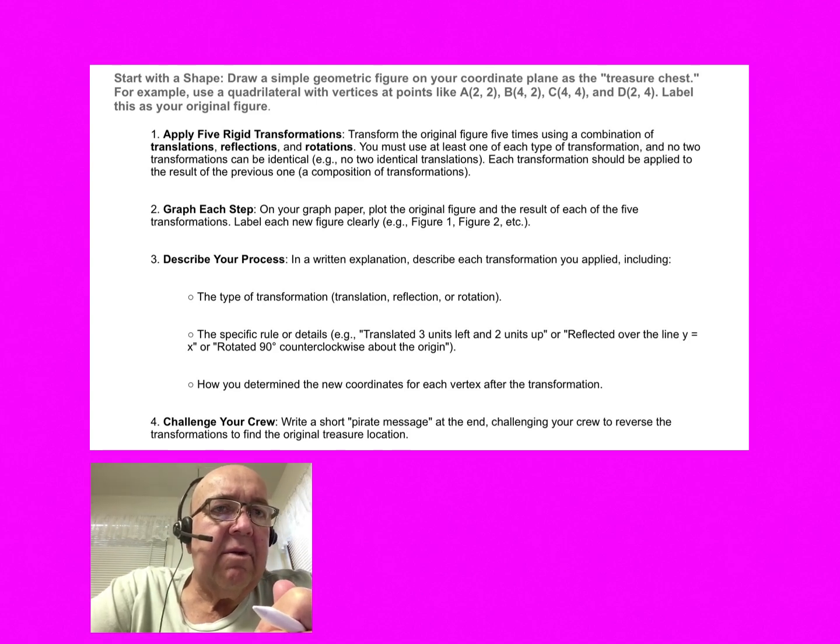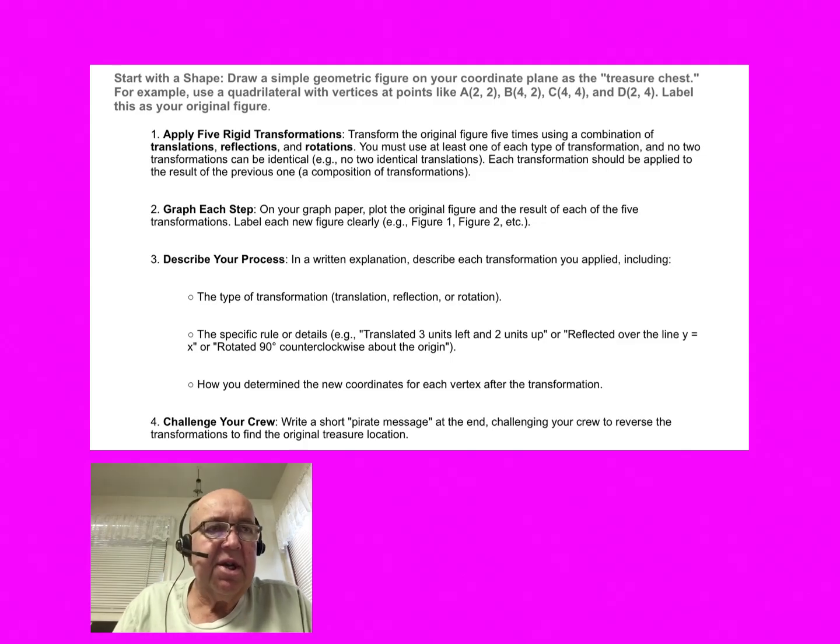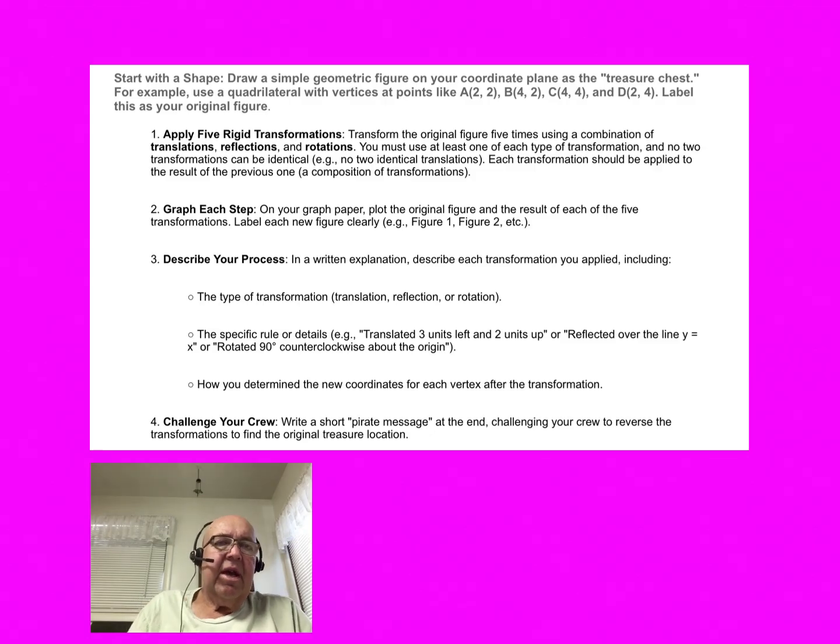You're going to create a written explanation that describes each transformation in specific rules, so you can see, like, the rule translated 3 units left and 2 units up tells you where it goes, reflected over the line y equals x, rotated 90 degrees about the origin.